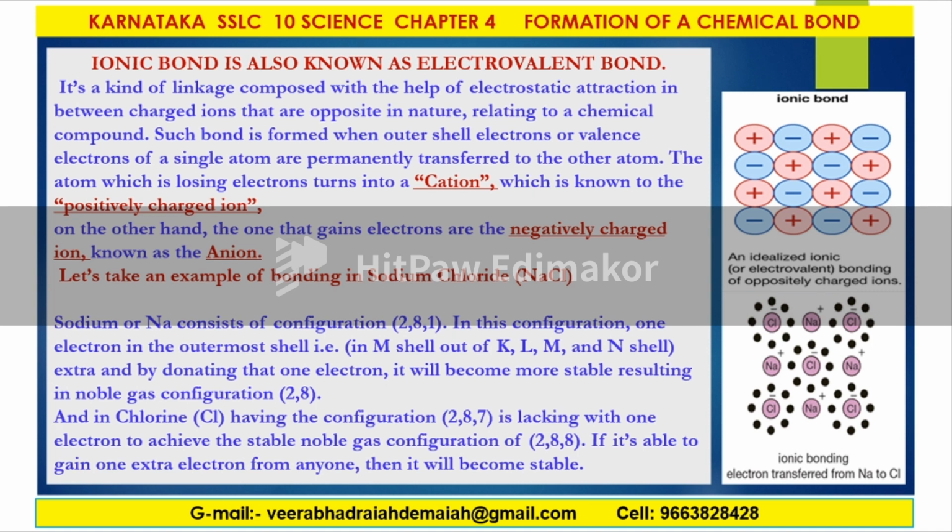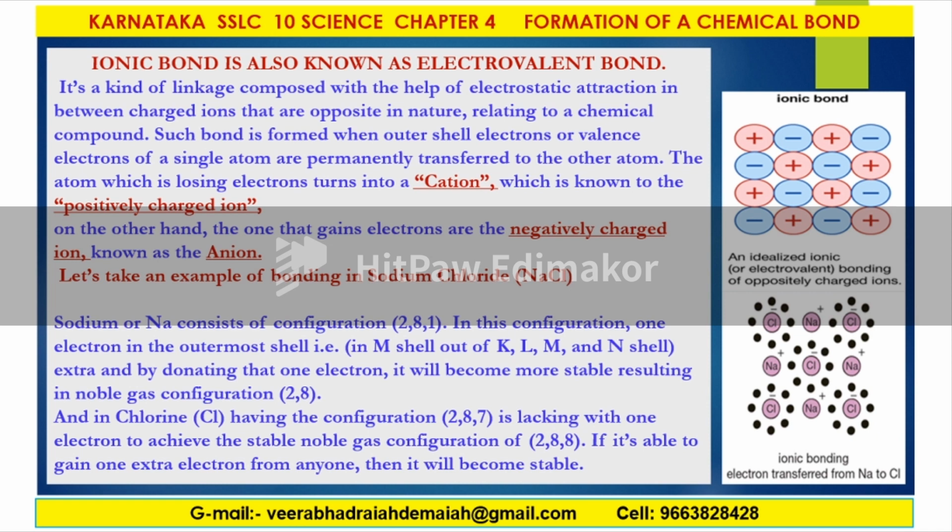Let us take the example of bonding in sodium chloride. Sodium, Na, has the configuration 2, 8, 1. In this configuration, there is one electron in the outermost shell, that is the M shell, out of K, L, M and N shells. By donating or transferring one electron, it becomes more stable, resulting in the noble gas configuration, which is also called the s2p6 configuration, or octet configuration.